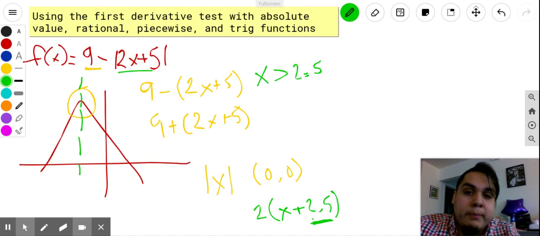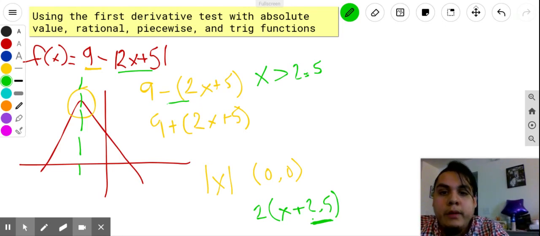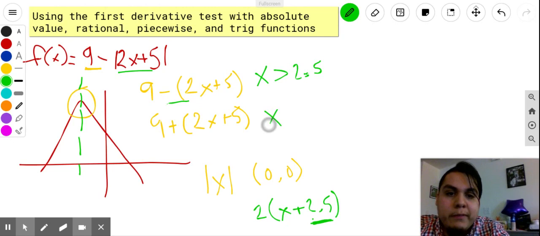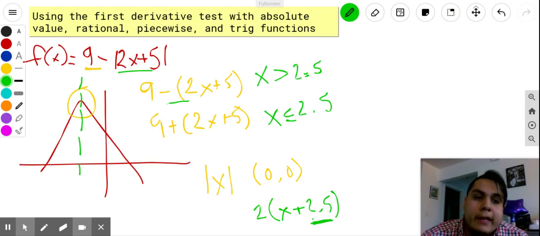And the reason I say that is because this right here ensures that I have a negative slope, and that right side of the graph will have a negative slope. And then over here would have to be x less than or equal to negative 2.5, which means on the left side of the graph, that's where the graph would have a positive slope, hence the positive 2x.